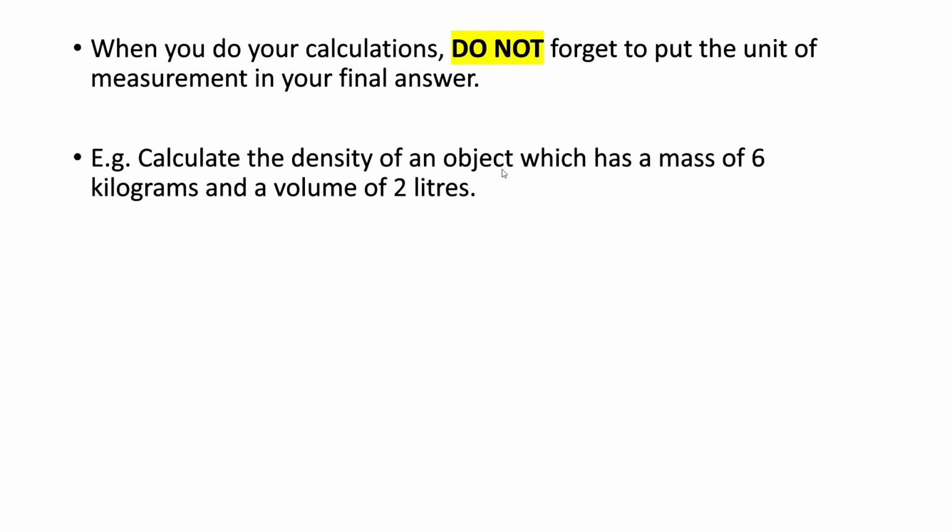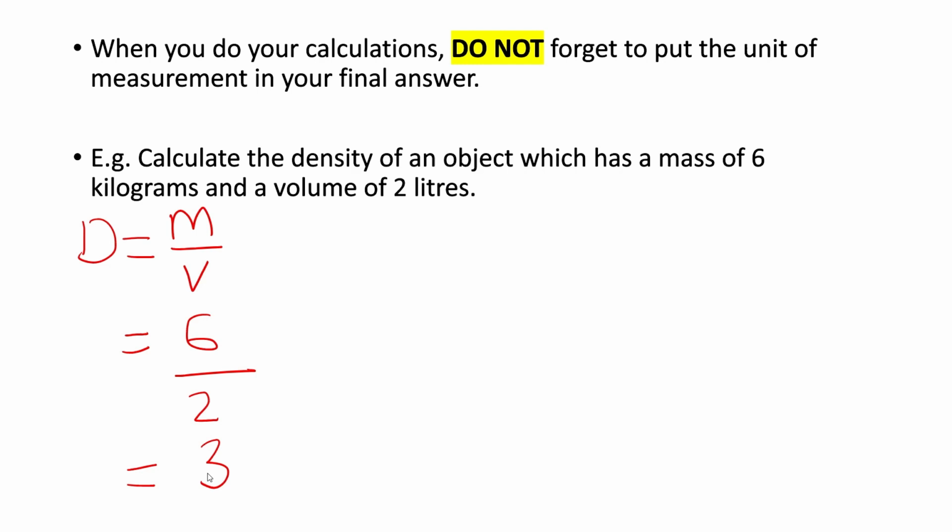Calculate the density of an object which has a mass of 6 kilograms and a volume of 2 liters. My formula tells me density equals M divided by V. In this case, my mass is 6 and my volume is 2. Therefore, my answer is 3.